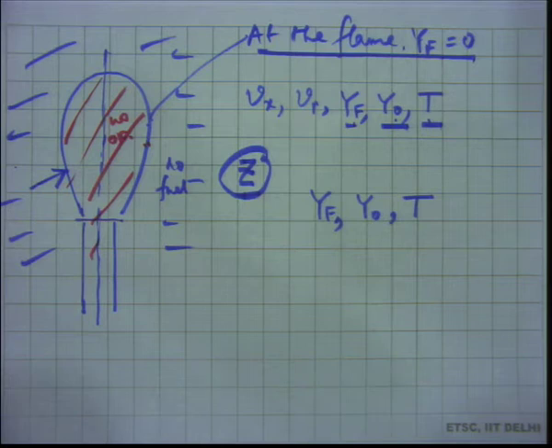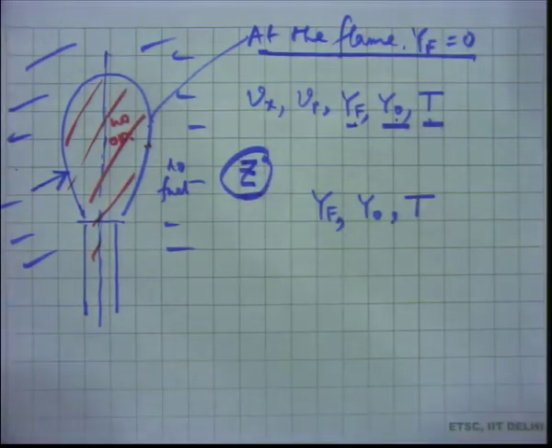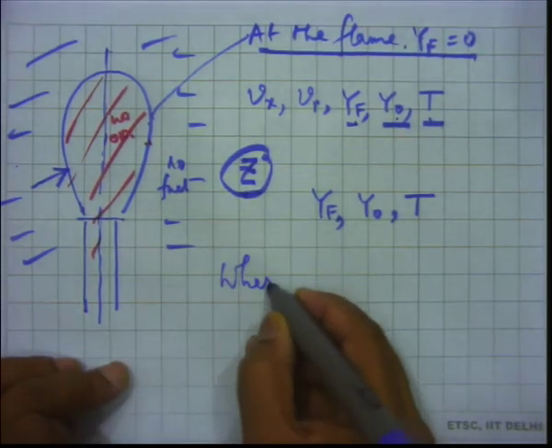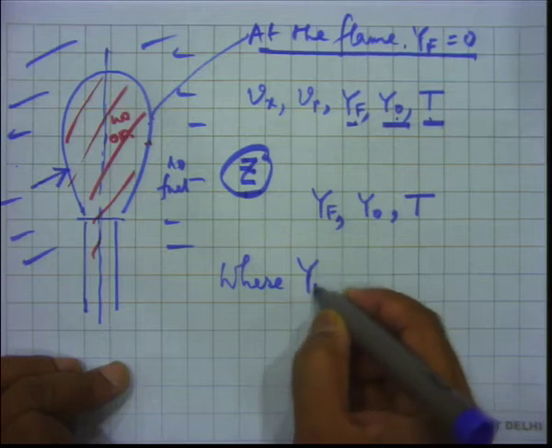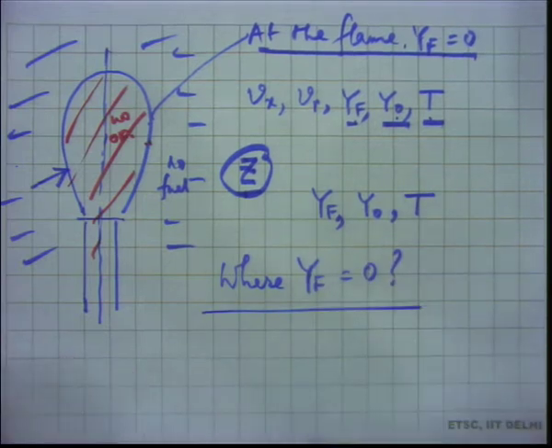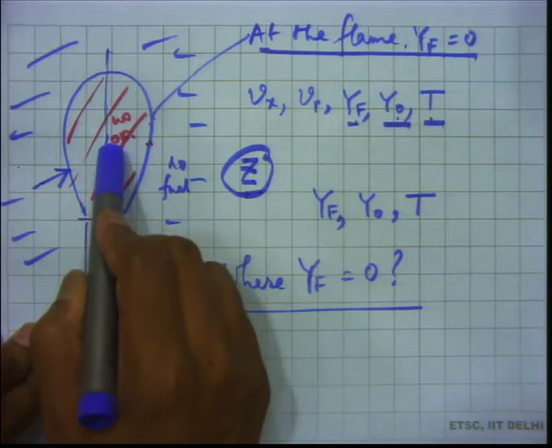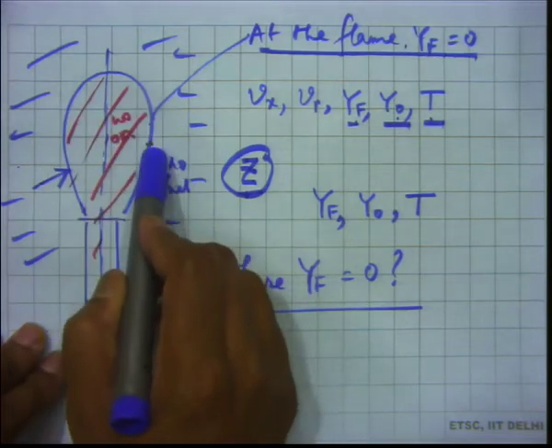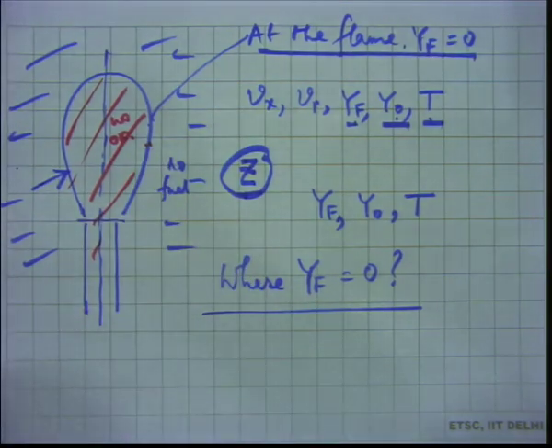To set a boundary condition somewhere in the spatial domain, you need to know where YF equal to 0. Where is YF equal to 0? Suppose I ask that question. I am trying to solve for fuel mass fraction equation. Where is YF equal to 0? If I tell you, YO is also 0. So, just focusing on the fuel mass fraction equation, I want to solve that.